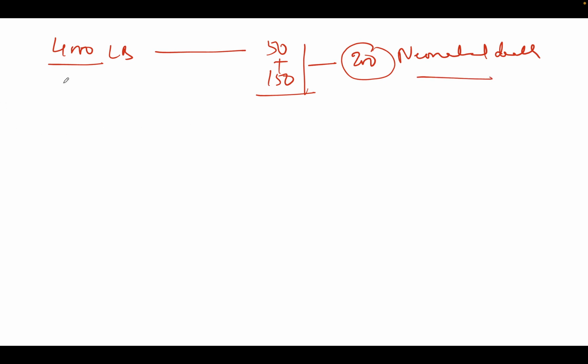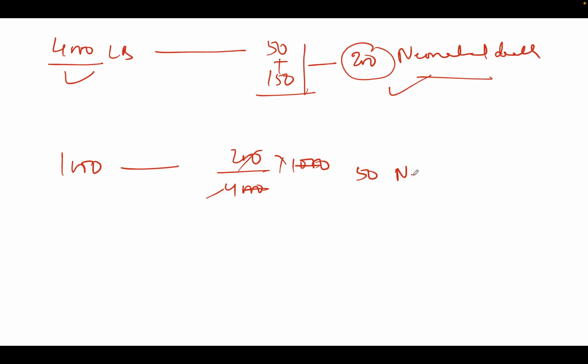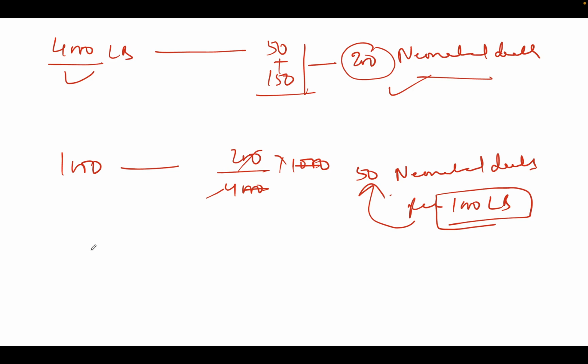Out of 4000 live births, 200 neonatal deaths. So how many in 1000? 200 divided by 4000 into 1000 goes to 50. So 50 neonatal deaths per 1000 live births; for every 1000 live births, 50 neonates are dying, right? This is the way you calculate neonatal mortality rate.